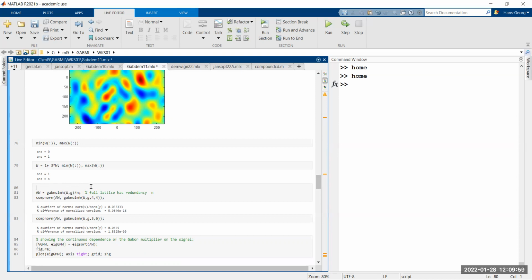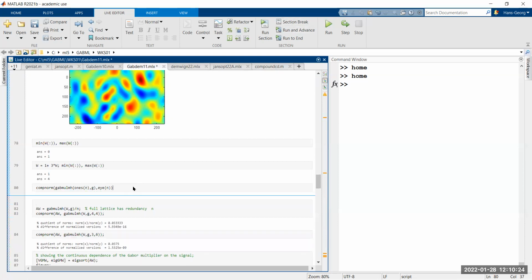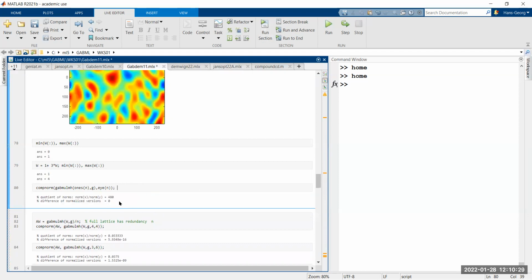And of course maybe I'm doing this also, comp norm Gab mul with ones of n and g divided by g, divided by redundancy. Or maybe I just take this as it is and say, how is it compared to the identity operator? And the answer should be, this is exactly n times the operator.